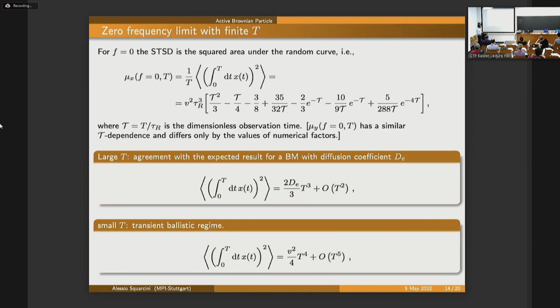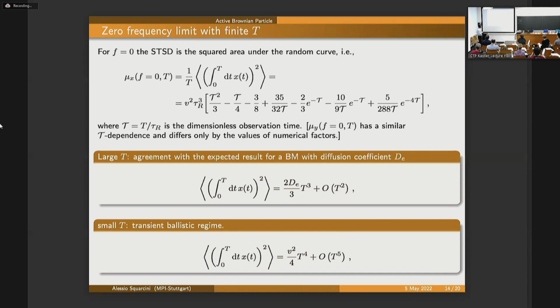As I was telling you before, if you take the zero frequency limit, you get access to the square area average, which is attained by the random process. This is mu of x, and this is the average area square. And of course, you can do the same for mu y, but you get different prefactors.